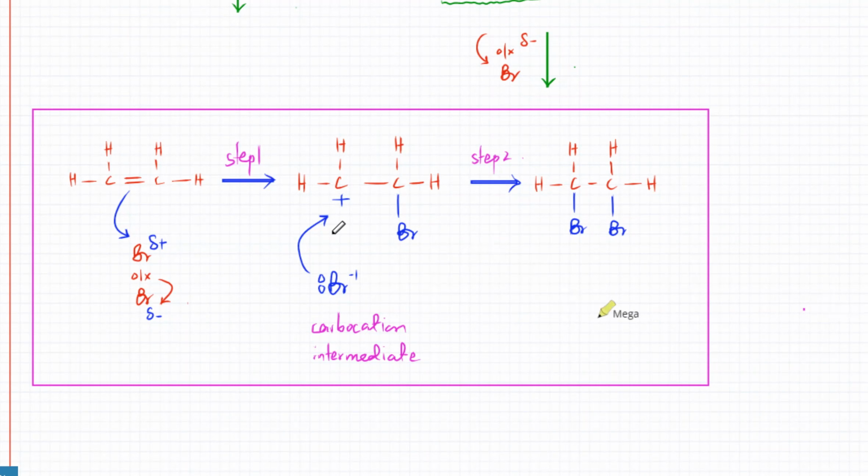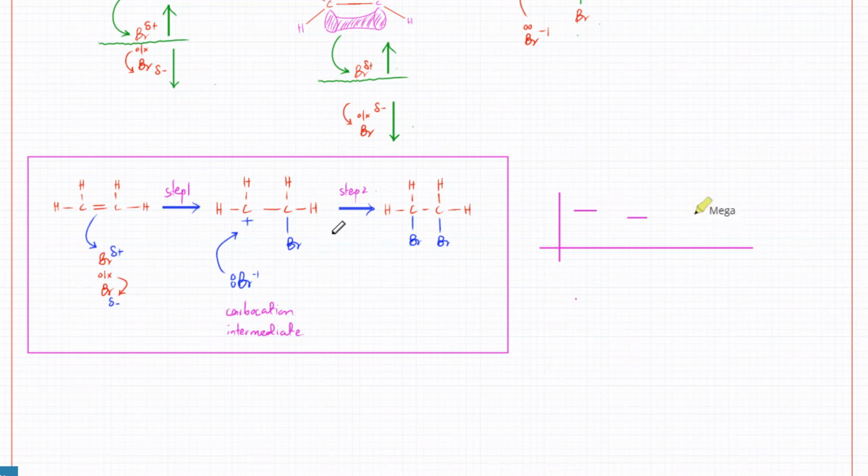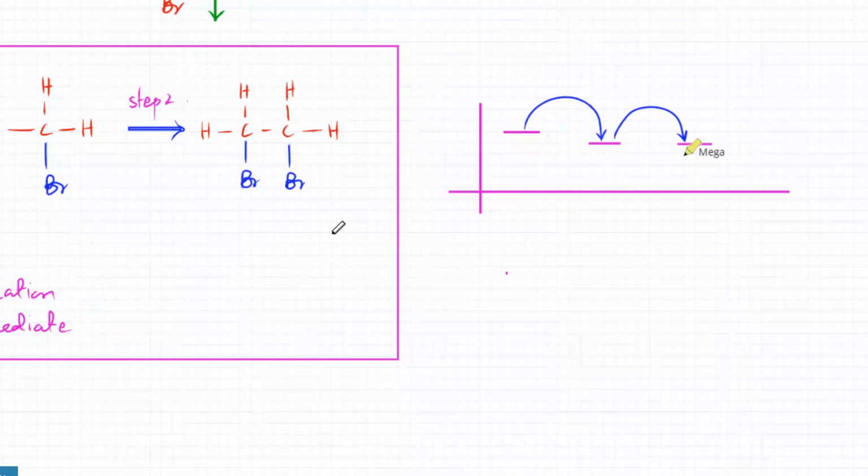So if somebody is asking for an energy profile diagram of this reaction, we don't know whether it's exothermic or endothermic, but for a proper 2-step mechanism, this is its energy profile diagram. If you remember O levels you did energy profile diagrams. So energy profile diagrams for 2-step reactions would kind of look like this. There's going to be one reaction, and then there's going to be the second reaction. So this is the energy axis.